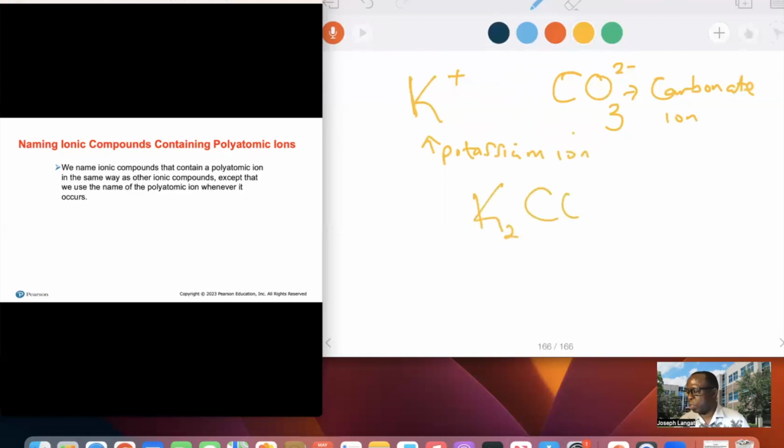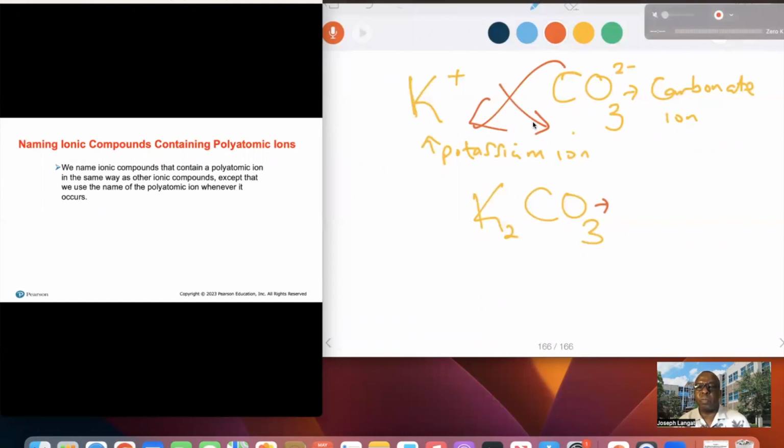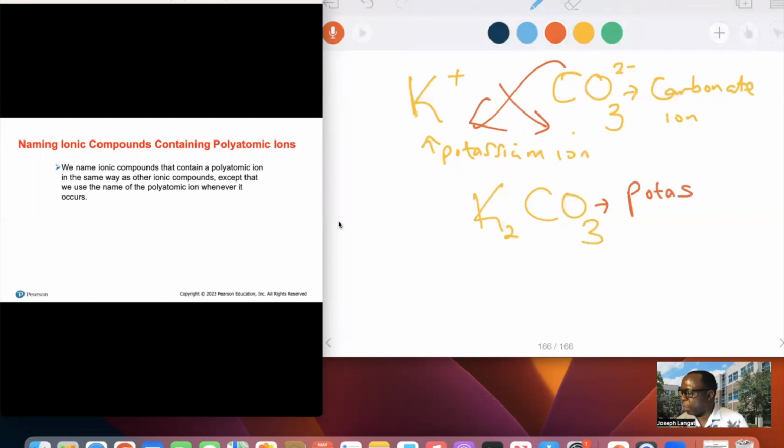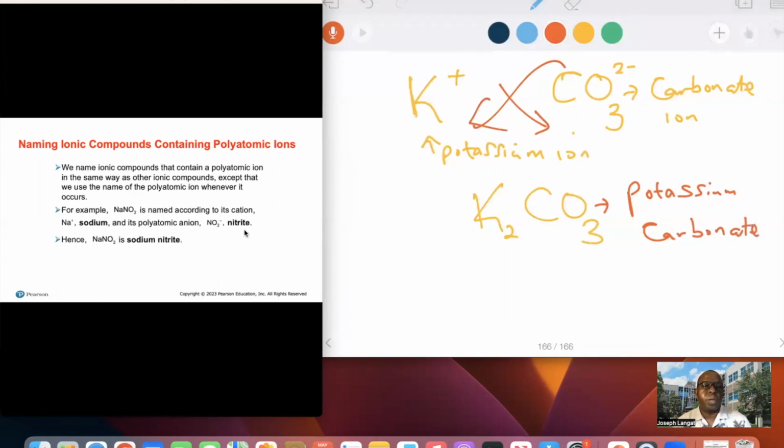K2CO3. You see, I'm using the crossover rule, by the way. You do not use parentheses when it is one. I know you may ask, why can't I use parentheses here and put a subscript one? No, don't use parentheses if it's only one. So here, this is potassium, and look at how I'm naming this: potassium carbonate.